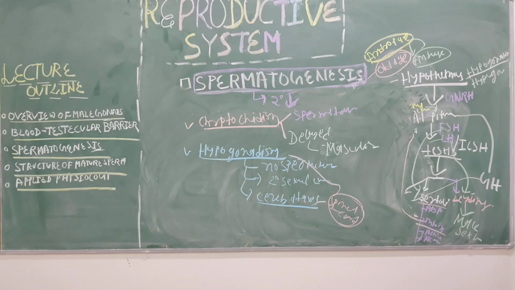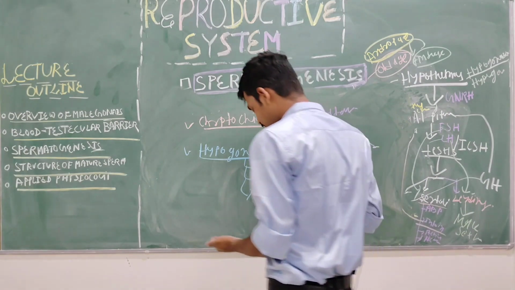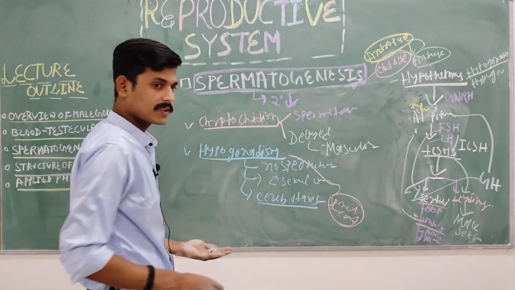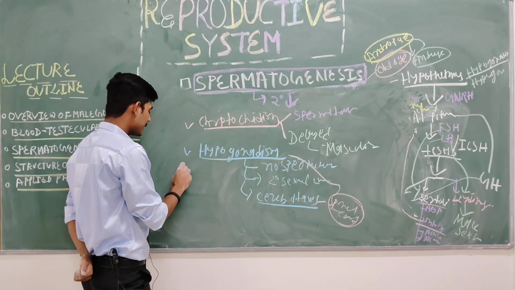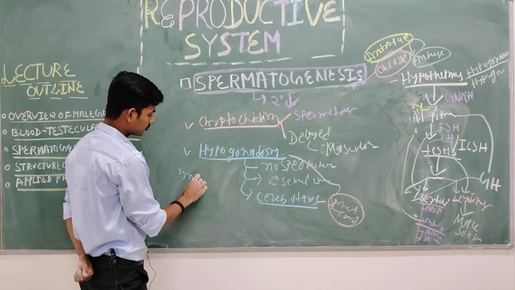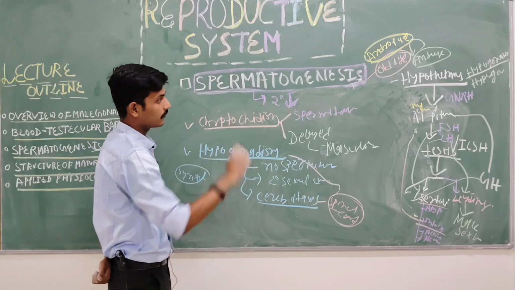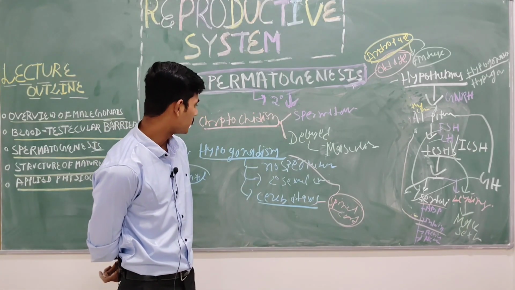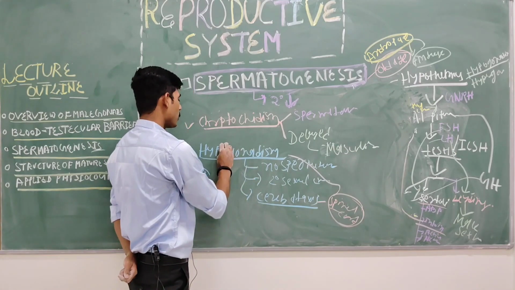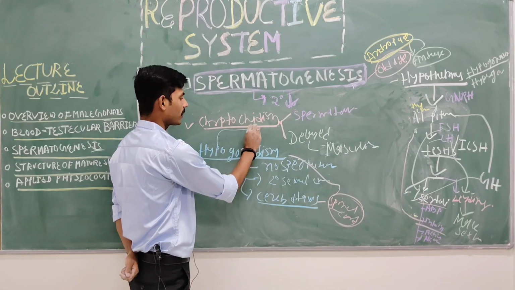Now what are the treatments? Simple, no? The first treatment is for the underlying etiology, and there are synthetic gonadotrophin hormones which can be given to this kind of patient. And you know about pituitary dwarfism?